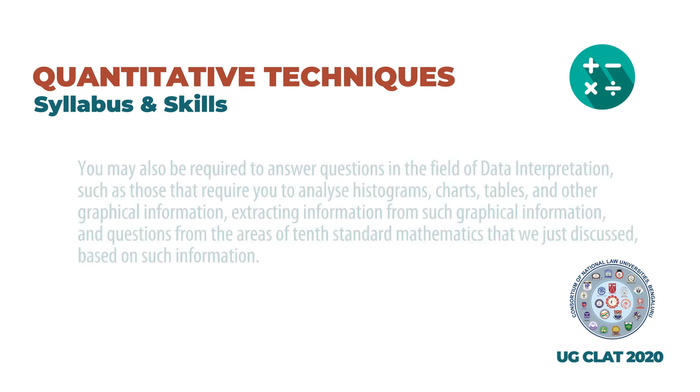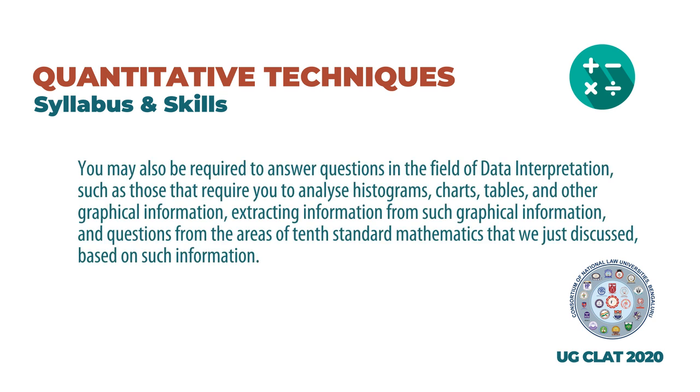You may also be required to answer questions in the field of data interpretation, such as those that require you to analyze histograms, charts, tables, and other graphical information, extracting information from such graphical information, and questions from the areas of 10 standard mathematics that we just discussed based on such information.